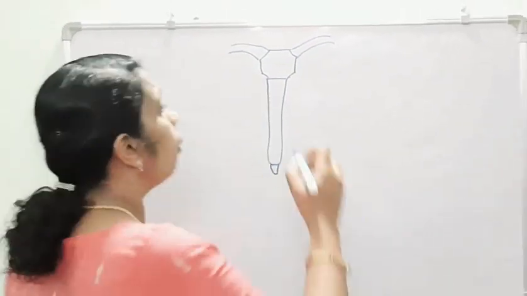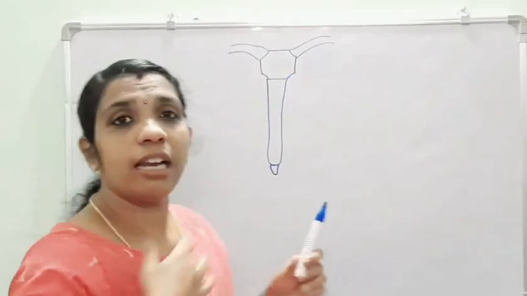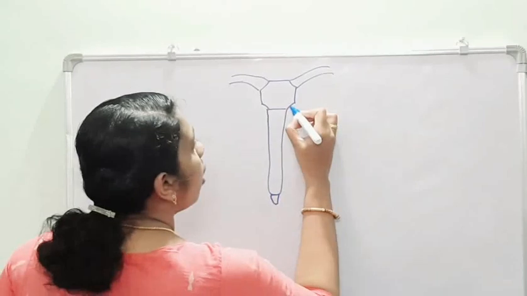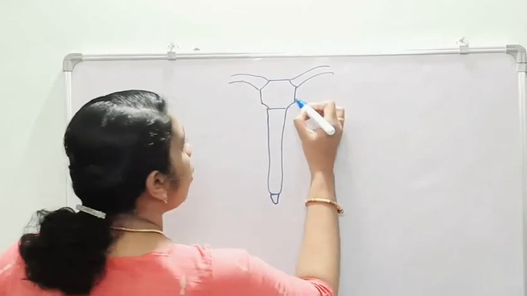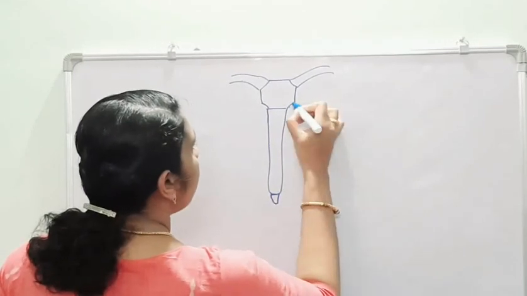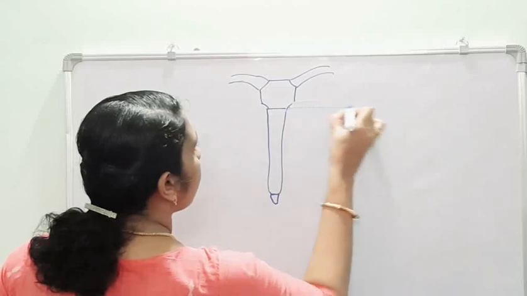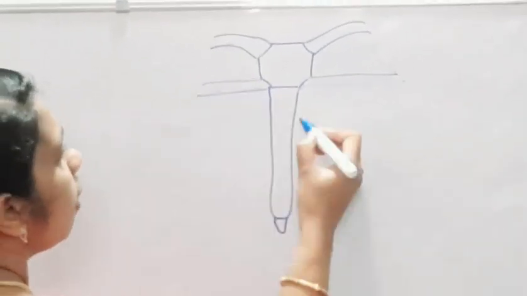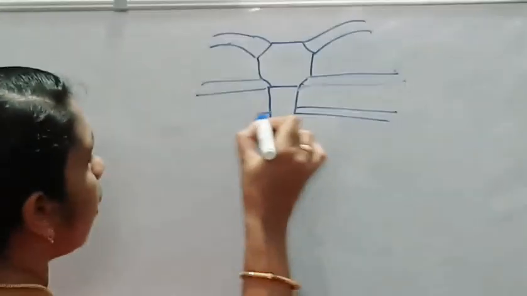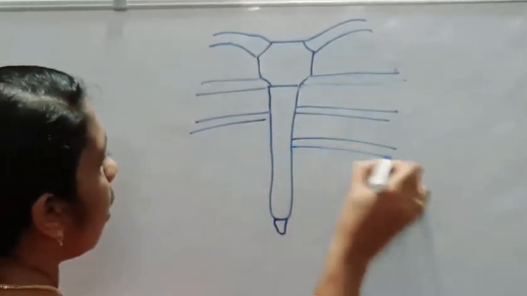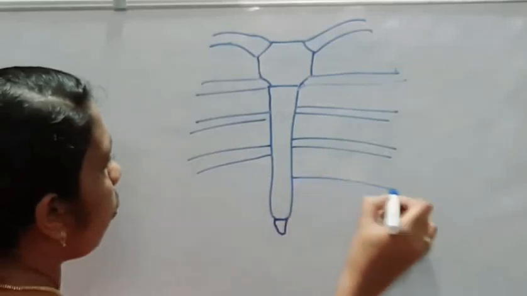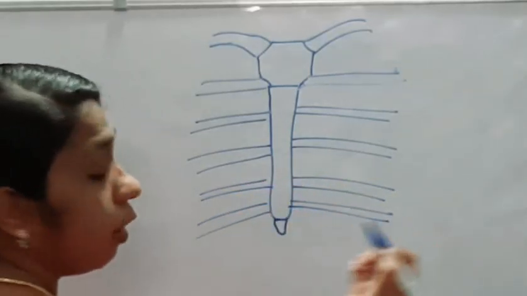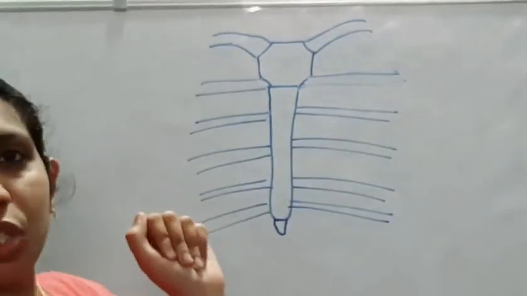If you palpate on the lateral side of the sternal angle, the bony part you feel is the second rib. Then the second rib, third rib, fourth rib, fifth rib, sixth rib. These are the positions of the ribs.